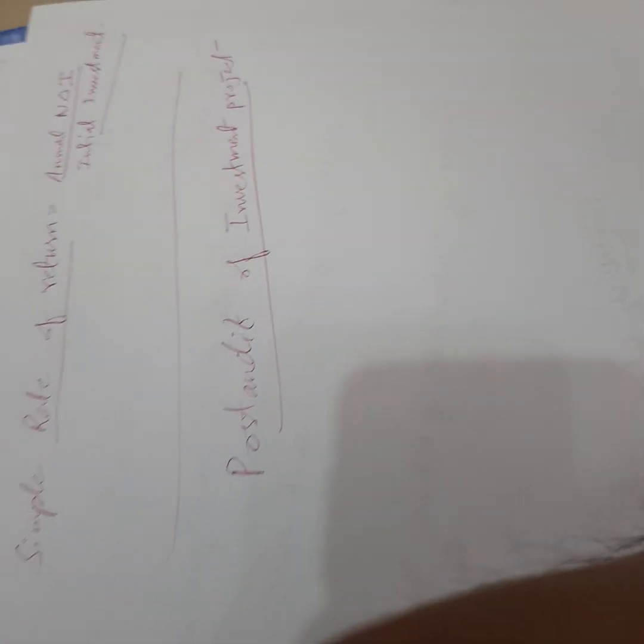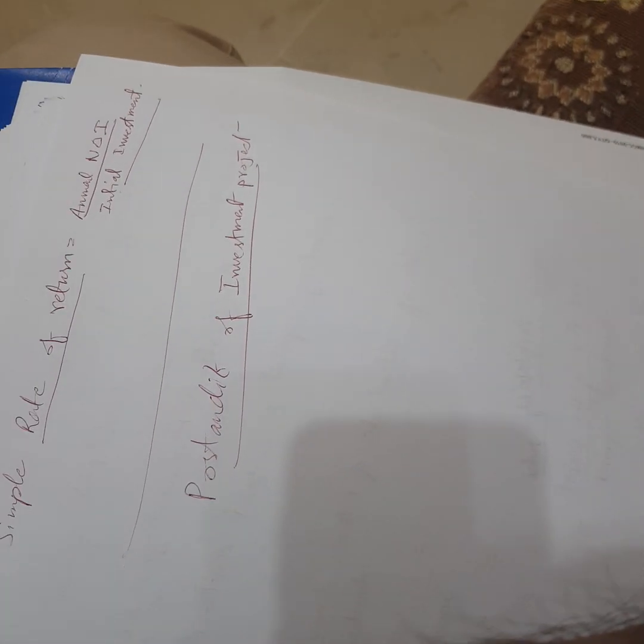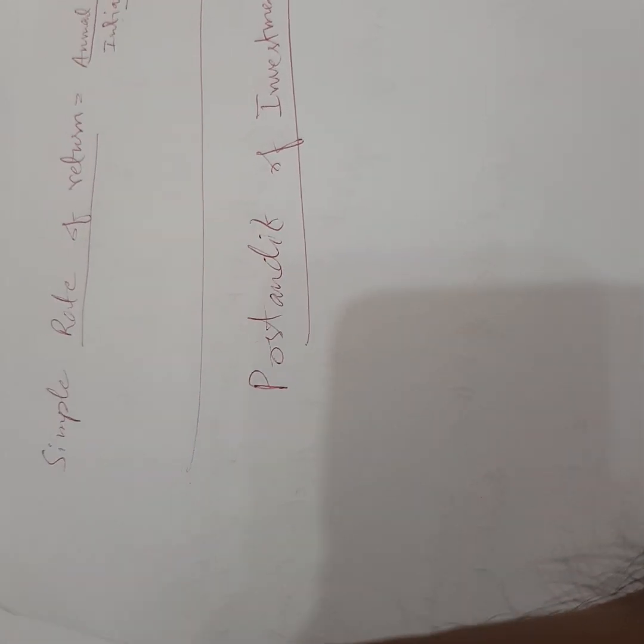Post audit of investment projects can be defined as checking whether or not accepted results are actually realized: whether the calculations we have performed are up to the mark, whether our projects will be successful or not, whether we will be able to get good results or good revenues. All these things will be considered in post audit.